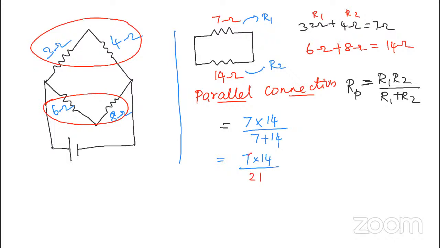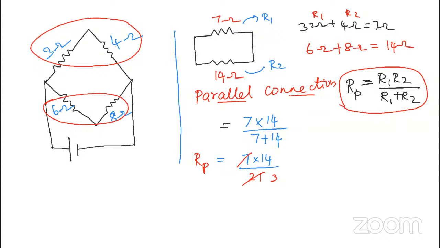So this is for 1 time and this is 3 times. So here it is the RP value. Notice that to calculate the RP value we have 2 formulas. When using this formula it is RP. One more formula is there, and when writing it, we write 1 by RP is equal to 1 by R1 plus 1 by R2.